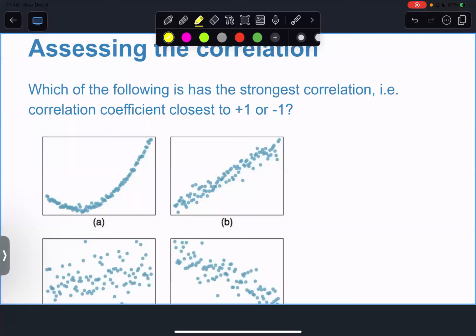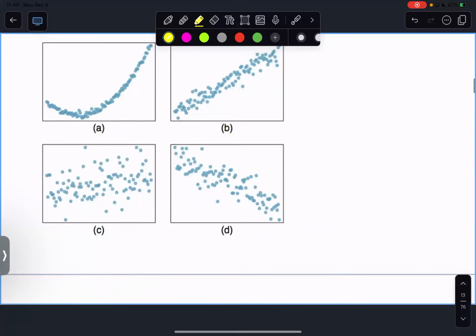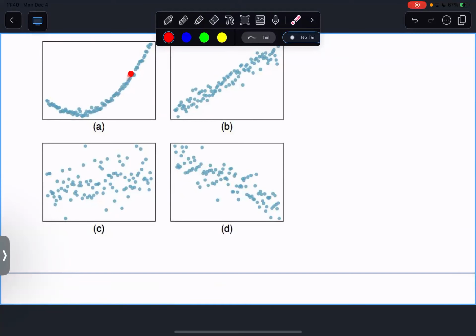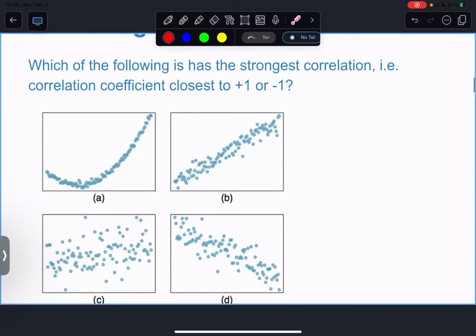There's a decoy in here. We want to find which of the following has the strongest correlation, so the correlation closest to 1 or -1. And of course, this is a very, very strong nonlinear relationship. What the correlation would do is fit a line like this and tell you how well it fits that line.